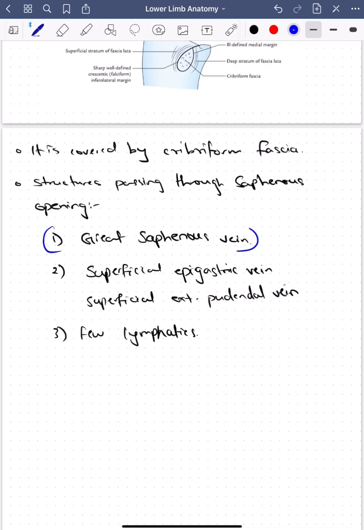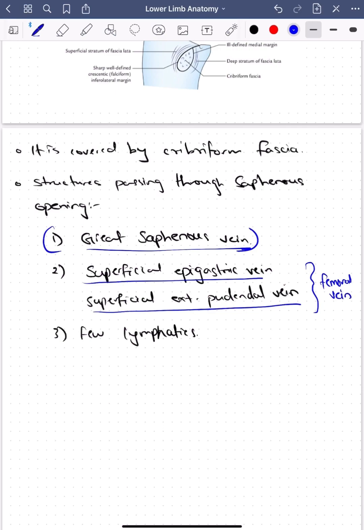So we have the great saphenous vein, and the superficial epigastric vein and superficial external pudendal vein. These are basically tributaries of the femoral vein, which is discussed in the next topic, the femoral triangle. For now, just remember the great saphenous vein opens into the saphenous opening, and a few lymphatics as well.